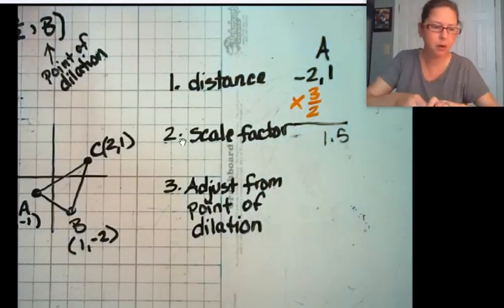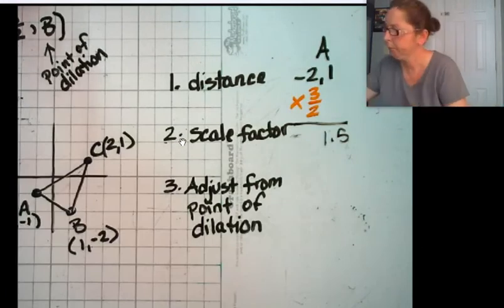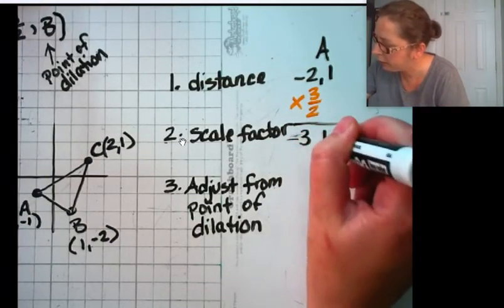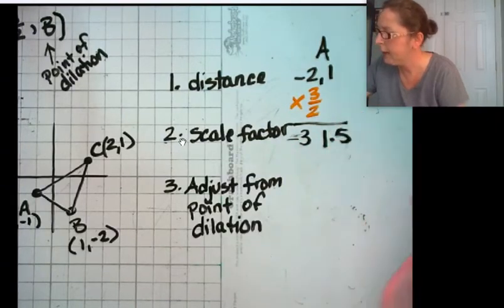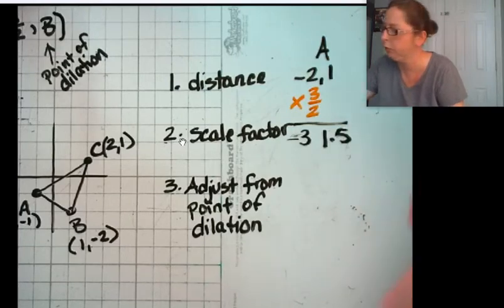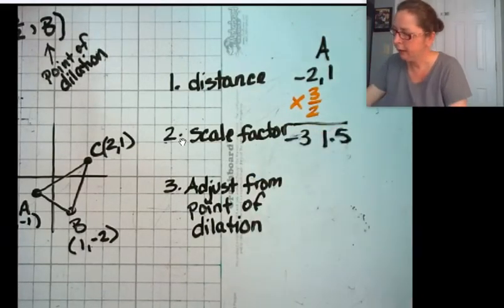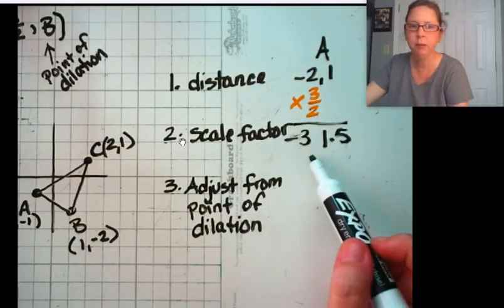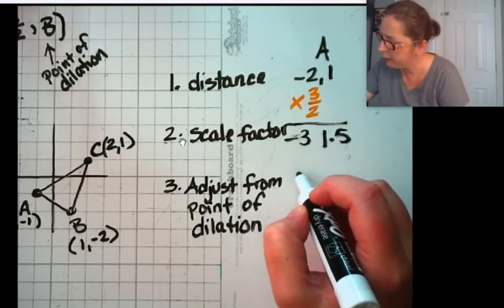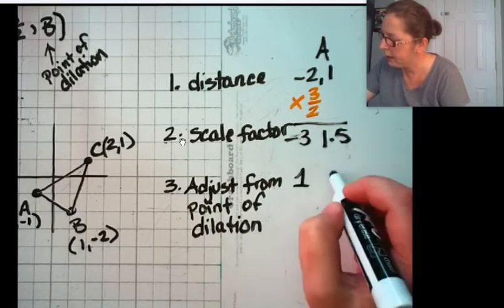Okay, so 1 times 3 halves is 3 halves, or 1.5. Negative 2 times 3 halves is going to give me negative 3. And again, I'm just lining up the x values, the y values. Now I need to make my adjustments from point B. So this is a positive 1 and a negative 2.